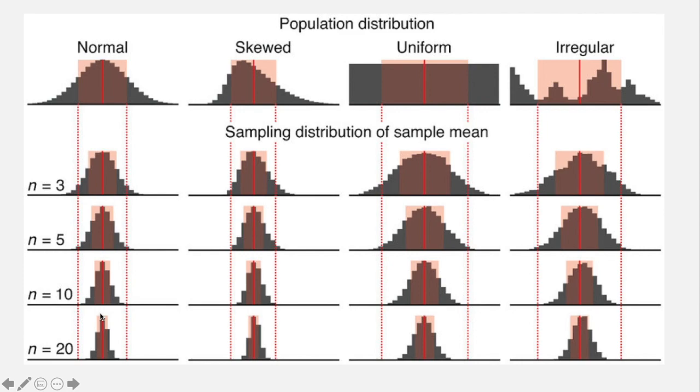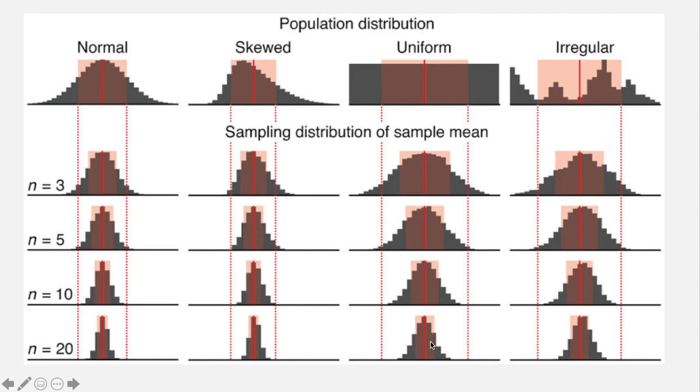These are sampling distributions we're looking at. This is the distribution of all samples. So this red line here marks the mean of the mean, because remember we have multiple means, one for every single sample.